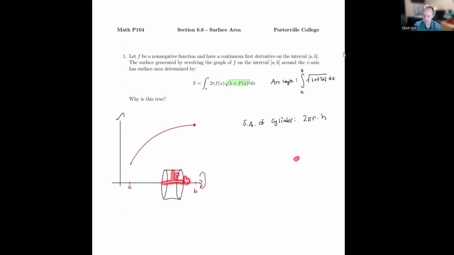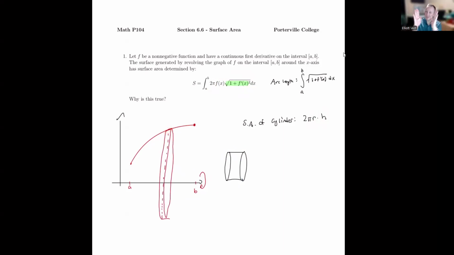Notice how this has a very similar look to our formula here, where we have some sort of term times 2 pi, some sort of term. In fact, let me move this over here for a second. If I took some small slice like that and rotated that small slice around the x-axis, like so, it might be a little weird seeing it here, but you have a little bit of curve on the side.